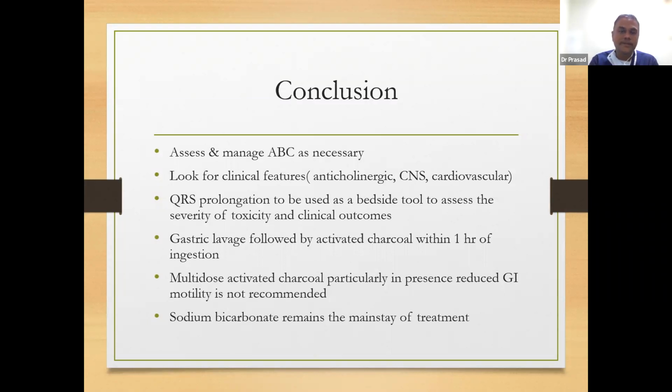And QRS prolongation can be used as a bedside tool to assess the severity of toxicity and clinical outcomes. Gastric lavage followed by activated charcoal within 1 hour of ingestion. Multi-dose activated charcoal, particularly in the presence of reduced GI motility, is not recommended.